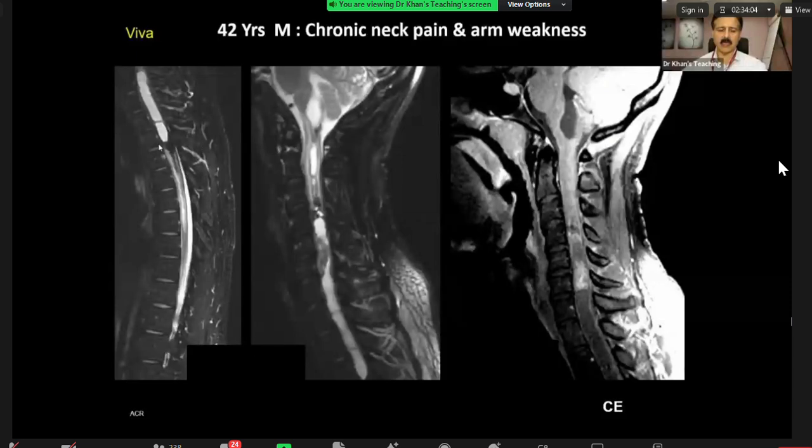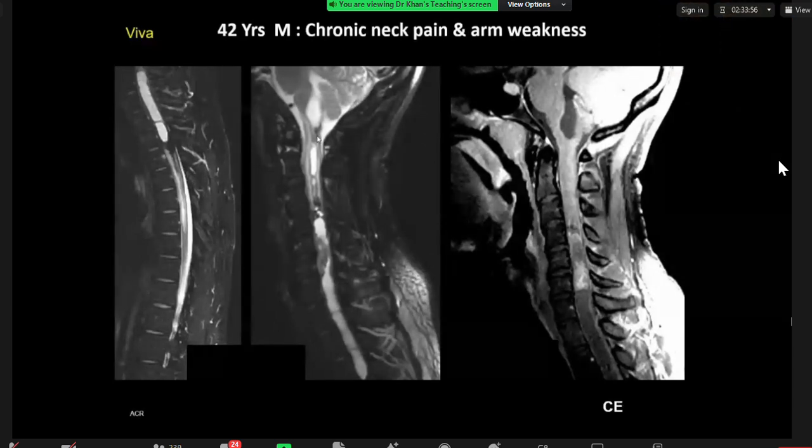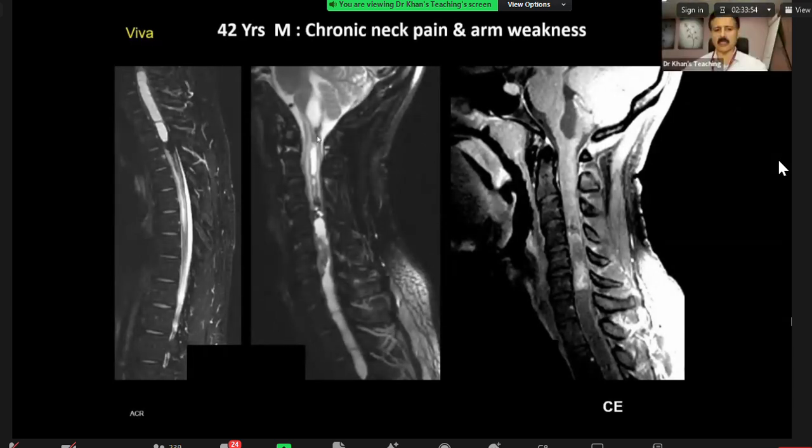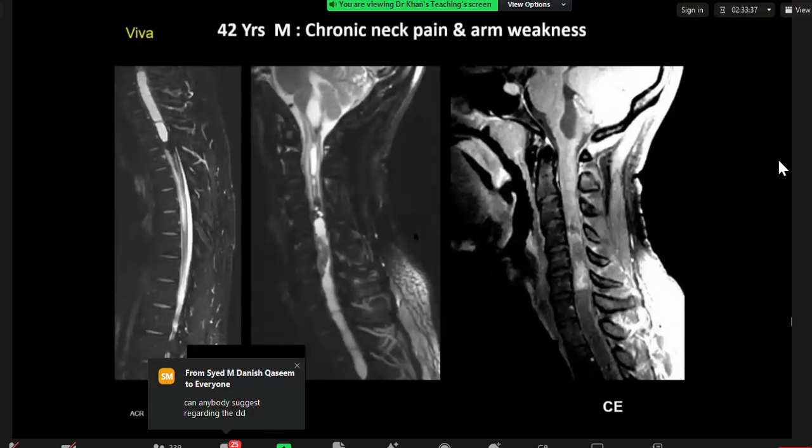The cap can be at the lower edge or at the upper edge, and hemosiderin is low signal on T2 weighted sequence. There is another concept you have to remember: there can be a cystic component of the tumor, and tumors can also be associated with a syrinx like this. So here we will keep ependymoma as number one because of the features which we have just pointed out.